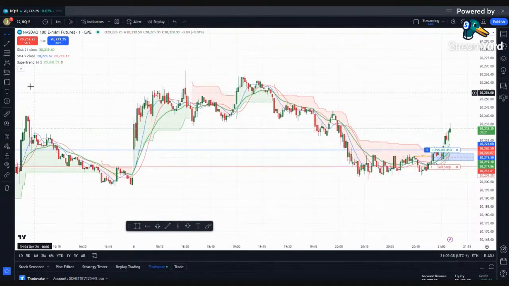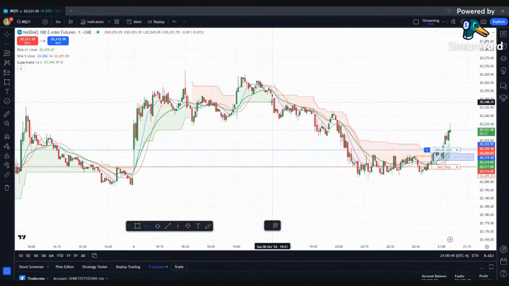And like for example this one here, if you are a support and resistance trader, I'm looking for resistance. So this area here, it's likely here or here.